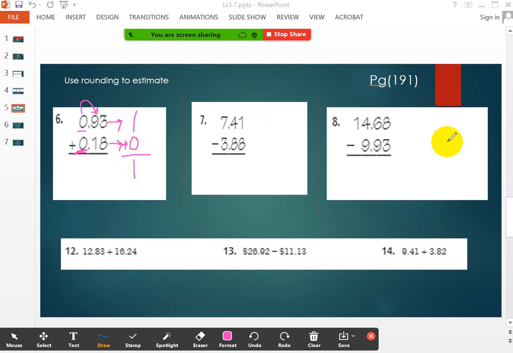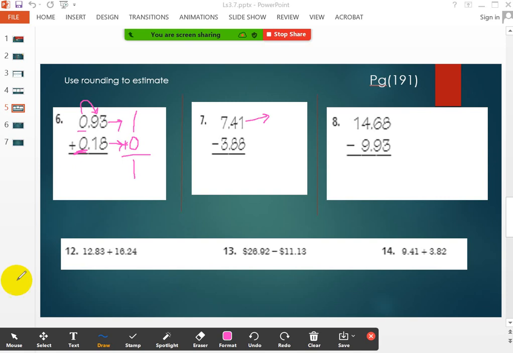Now let's move to exercise number 7. Who will help me to round the first number, 7.41 hundredths? Girls, please raise your hand if you want to answer.